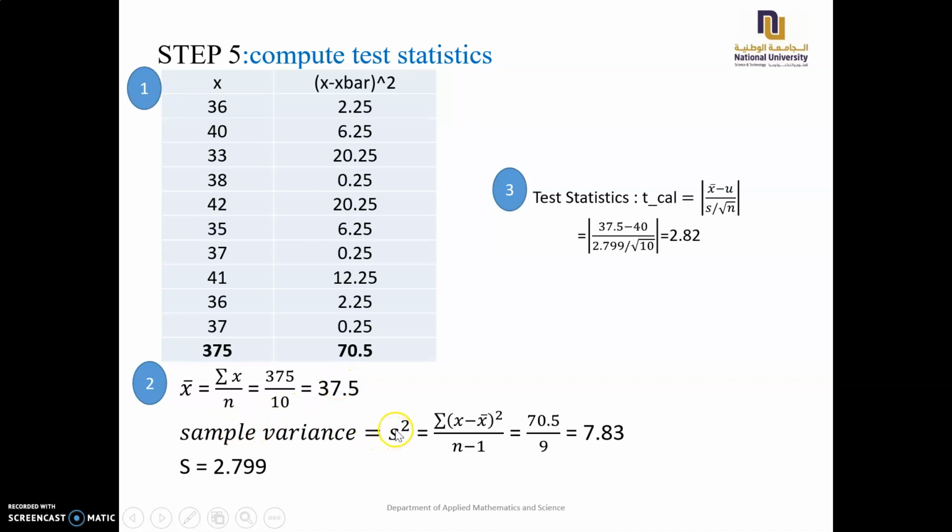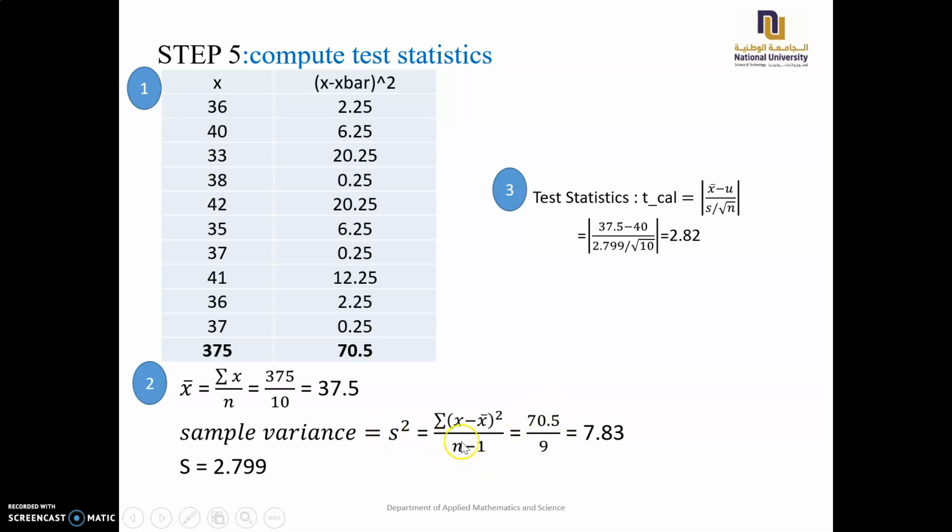Sample variance, or S squared, you compute by subtracting the sample mean from each x and then squaring. So each x you subtract from the sample mean, which is 37.5, and then you square. You do this for all your data, then sum all these squared differences. The sum gives you 70.5. You divide that by n minus 1.